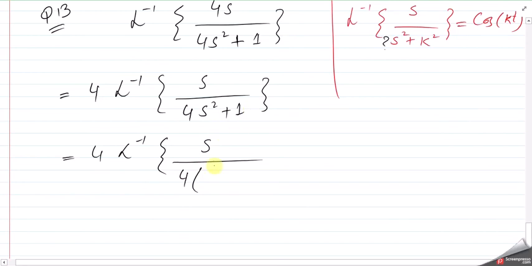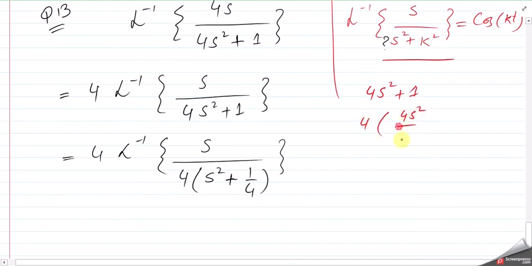We have to take common from here s square plus 1 by 4, exactly the same as we did in the previous example. So we have 4s square plus 1. We write 4 common, 4s square over 4 plus 1 over 4, and that gives s square plus 1 by 4.